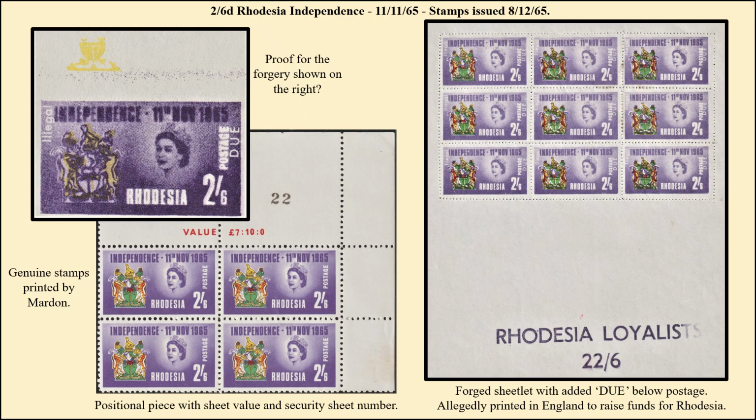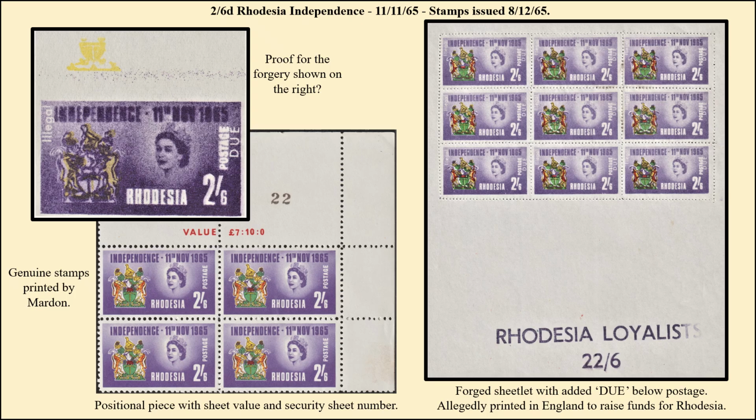The Unilateral Declaration of Independence, UDI, was announced on the 11th of November 1965, but the stamps celebrating it were only produced on the 8th of December in the same year.